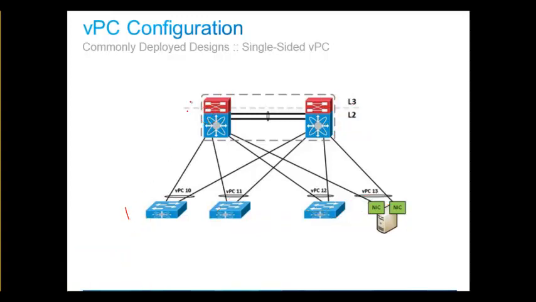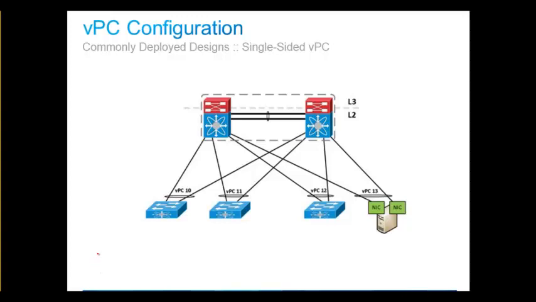Now, if you can do the magic of forming this EtherChannel between these 3 switches, you will be able to use all the resources. You can use this switch, this link, this switch, so we don't waste any resource. vPC does this magic for us.